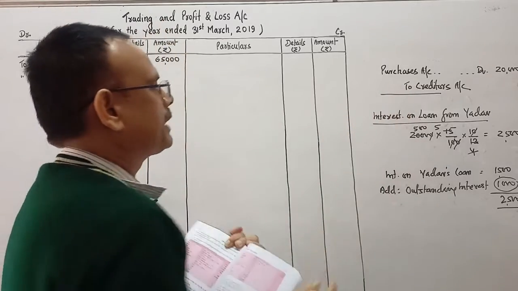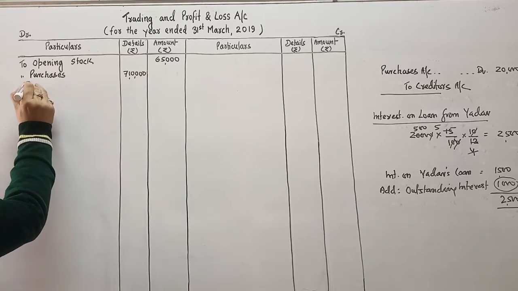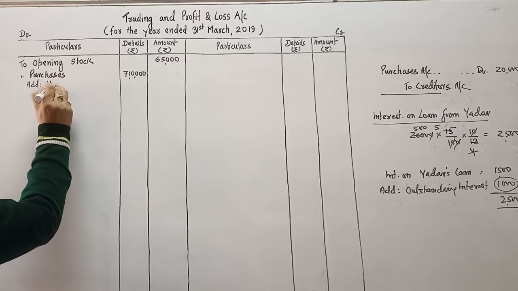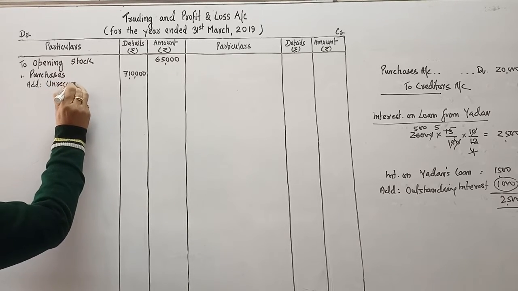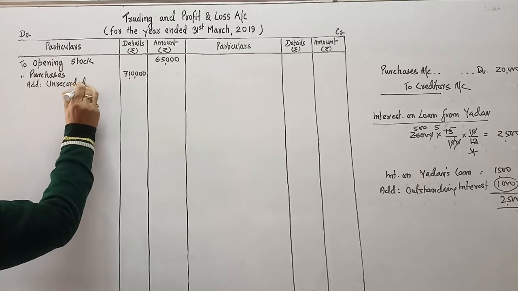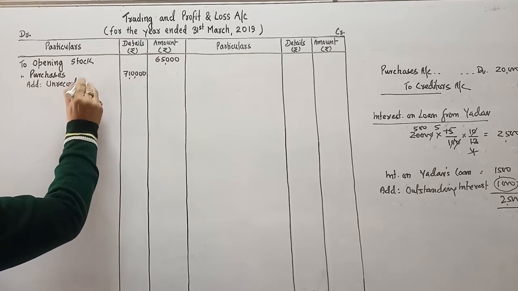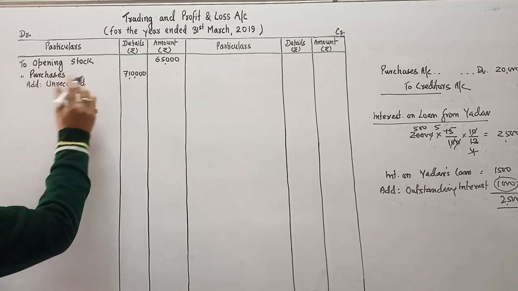Purchase account debit to creditors account. It's an unrecorded purchase, so you add the unrecorded purchase, which was not recorded by you. This is your adjustment.